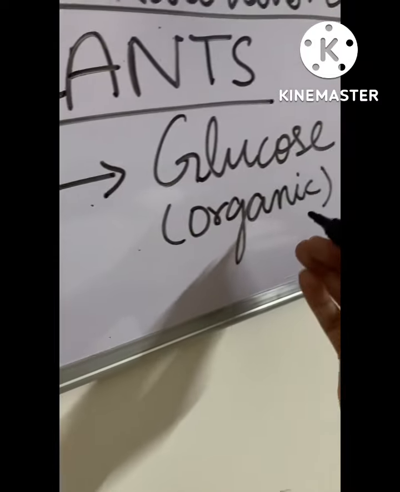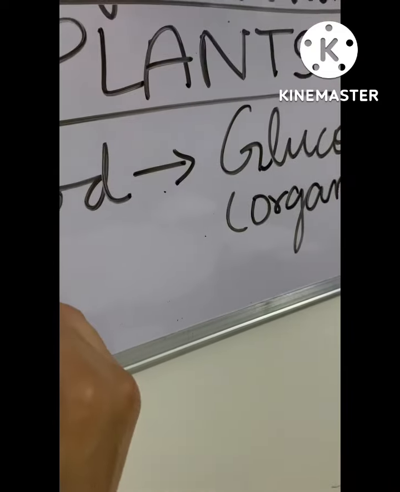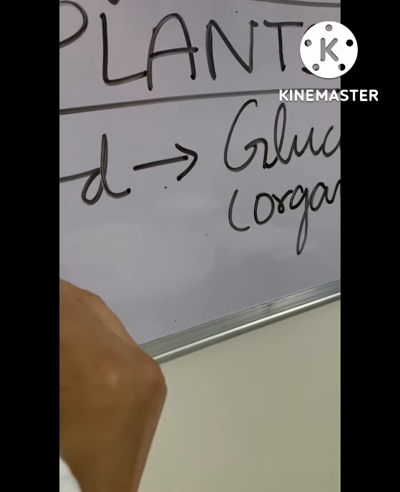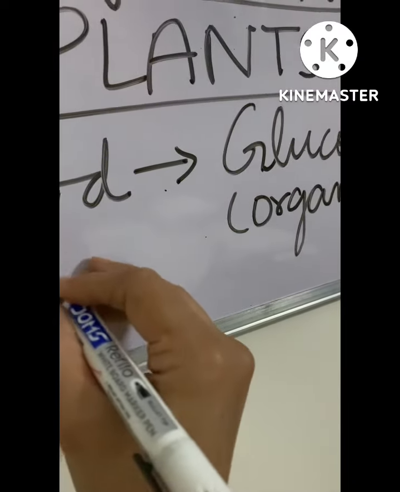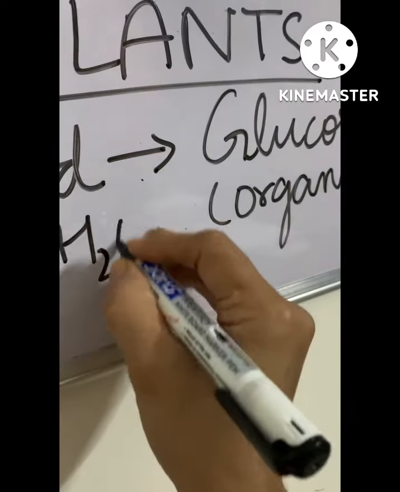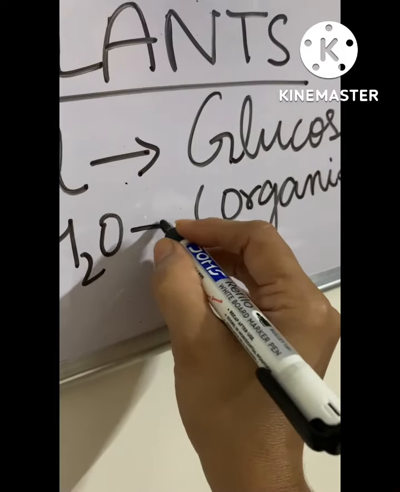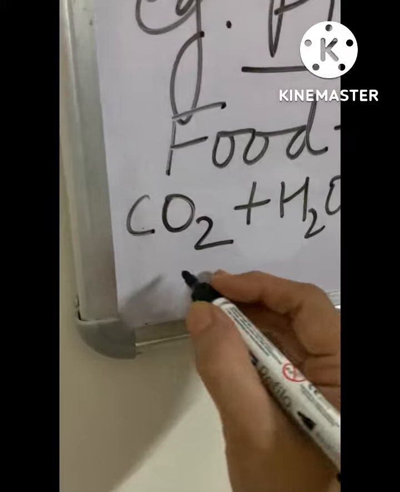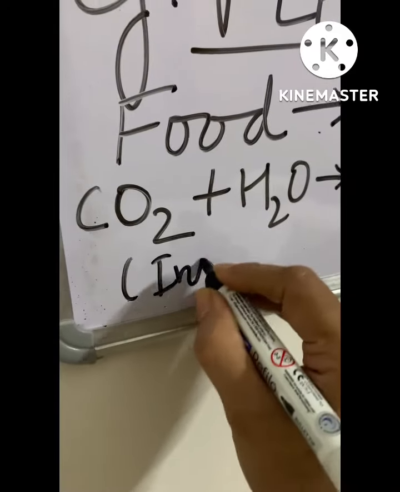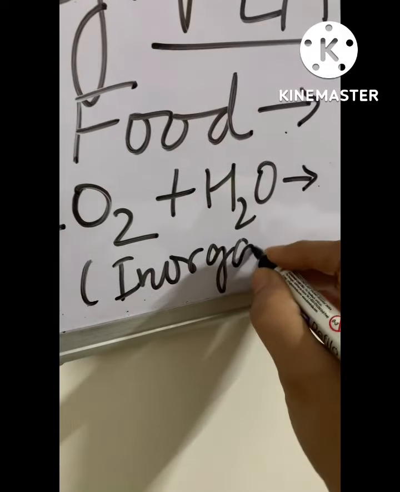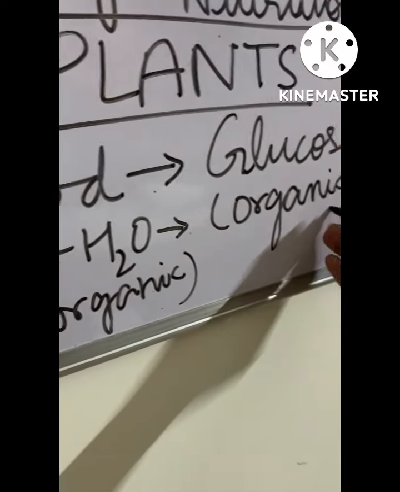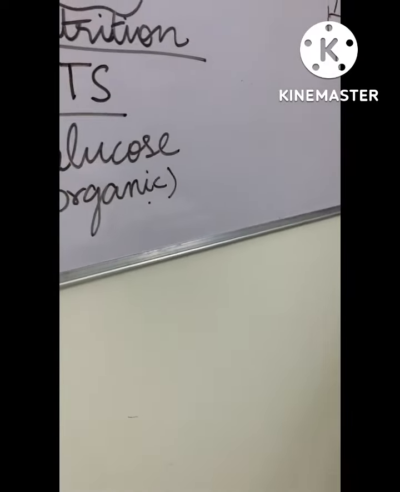And how it makes this glucose? Using the inorganic materials, carbon dioxide and water, in the presence of chlorophyll and sunlight, that you will learn later on, but it prepares its food from inorganic substances. From inorganic substances, it prepares organic food, which is the glucose.